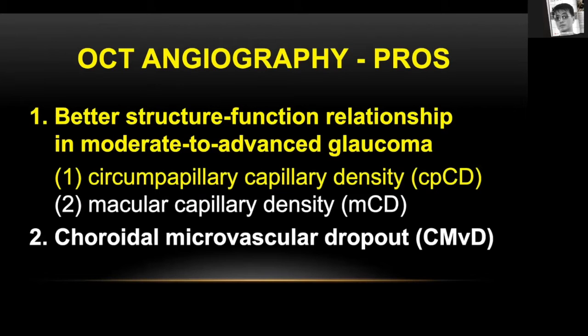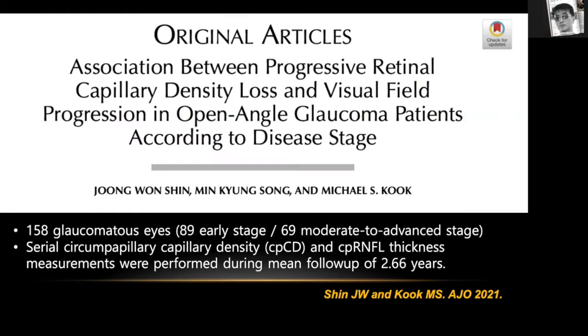First of all, I'll be on circumpapillary capillary density, or CPCD. In this longitudinal study, recently published in AJO this year, the authors looked at the association between progressive retinal capillary density loss and visual field progression in OAG patients according to disease stage. In this study, 89 eyes had early stage disease and 69 had moderate to advanced stage disease.